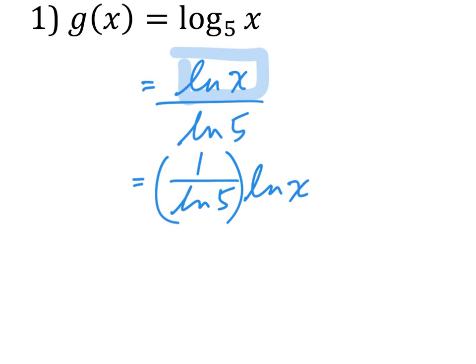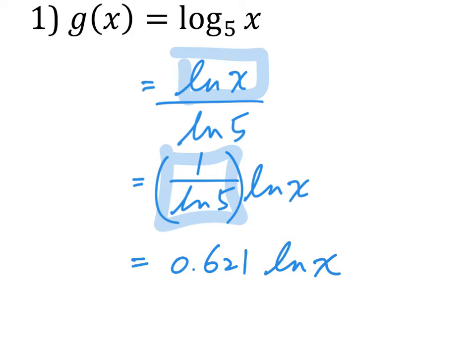But you need to verify. So you're going to put that in your calculator, 1 over natural log 5, and figure out what that number is. Not just natural log 5, but 1 over natural log 5. This turns out to be 0.621. So this number here is 0.621.